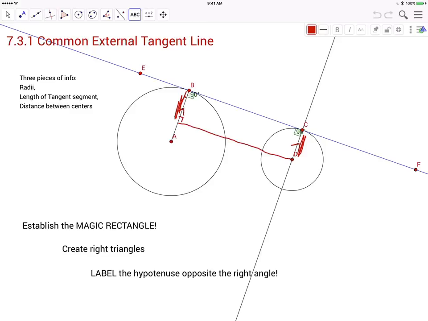And let's say you've been asked to find BC, right? Let's say that's the big question. How long is the common external tangent? Let's say you've been given that this is, I don't know, 3, and this is, let's say, 5.